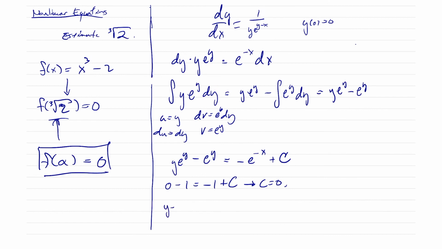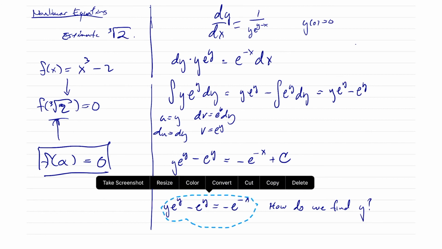We have a function that we're trying to find, which is y, but it's trapped here. So we want to figure out how do we find y. So let's go ahead and continue this on the next page, and we'll talk about it.